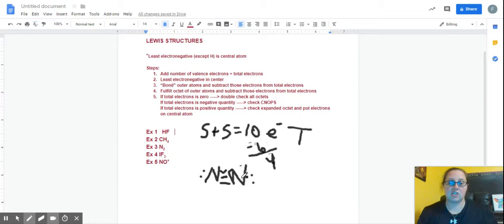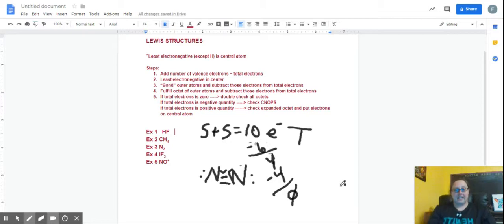So this nitrogen now has 8. This nitrogen now has 8. And you see how now I've approached 0. I've double checked all of my octets, and they're good to go. So this is what you have to do, checking for CNOPs. That's if you get a negative quantity, you keep on subtracting those values out.